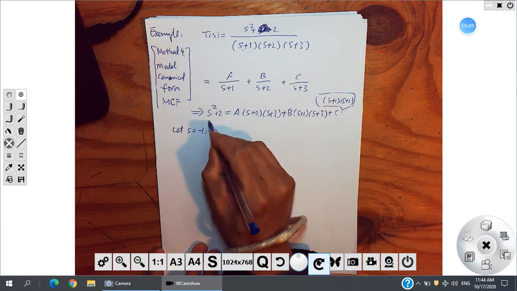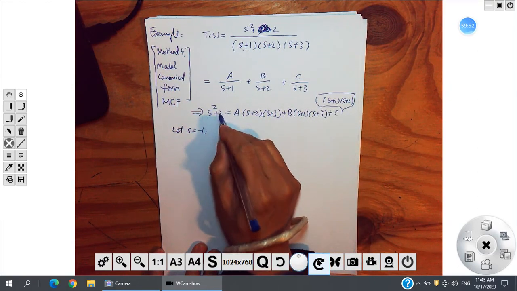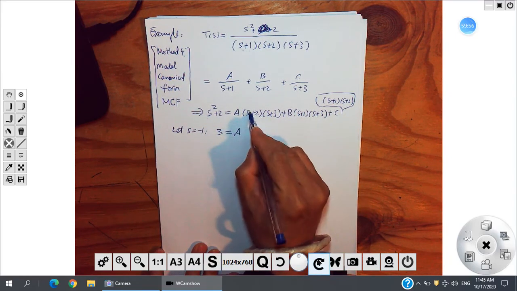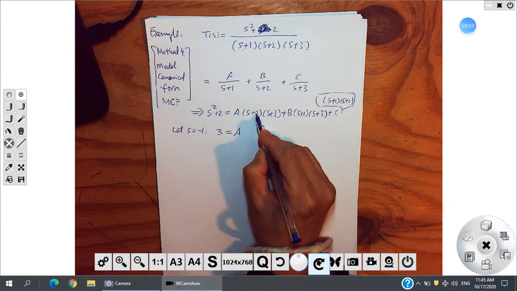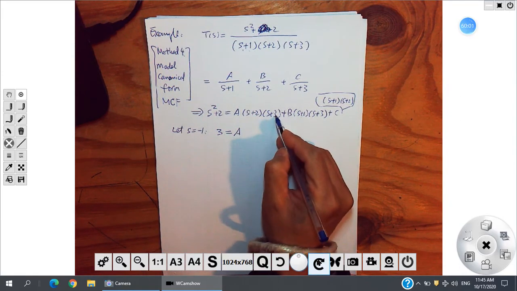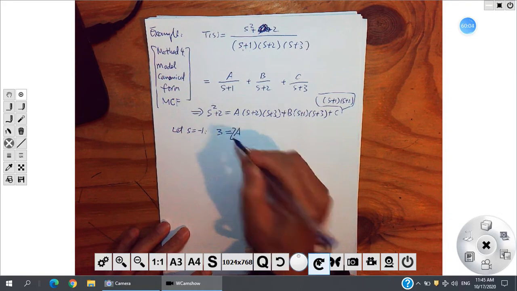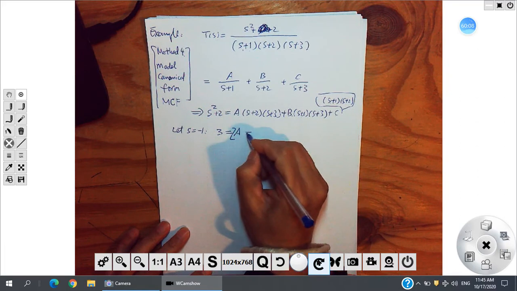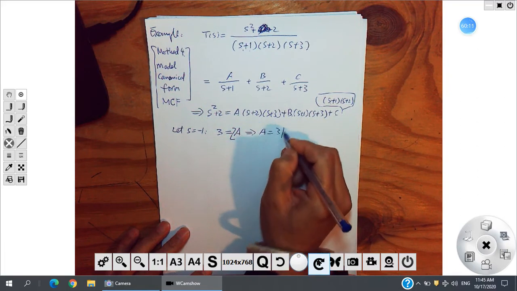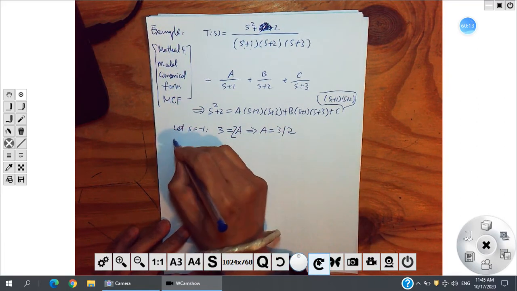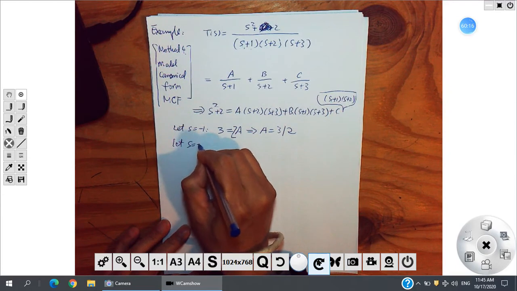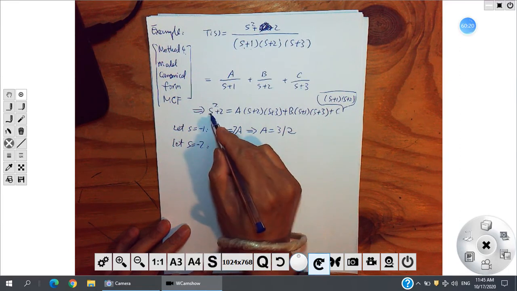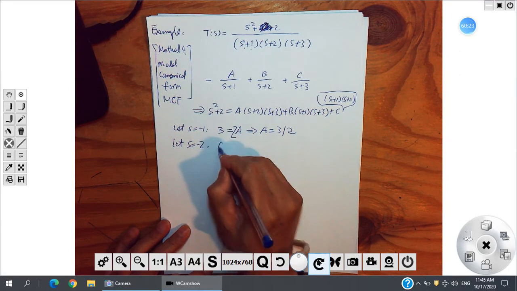So I have -1 squared is 1, 1 plus 2 is 3, equal to A times (-1 plus 2, which is +1) times (-1 plus 3, which is +2). So totally it is 2A, and B and C terms are 0. So A is 3 over 2. Now let S equal to -2. -2 squared is 4, 4 plus 2 is 6.